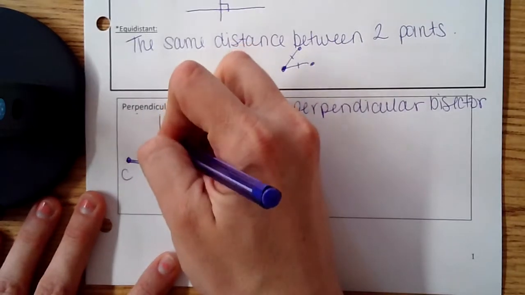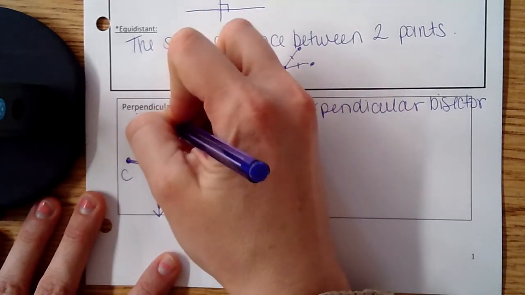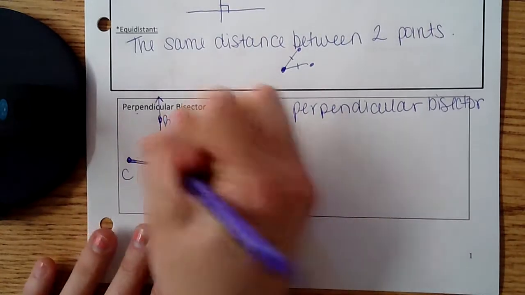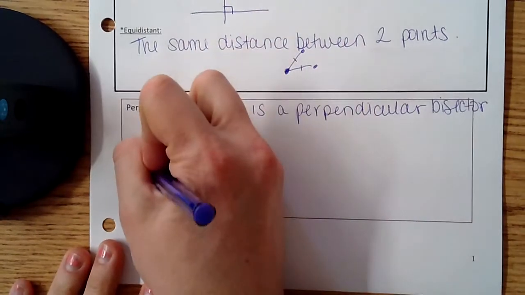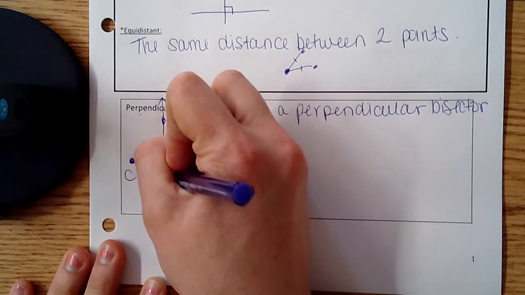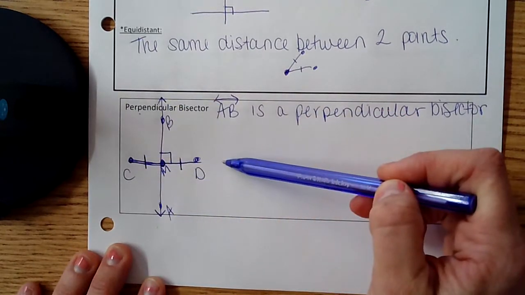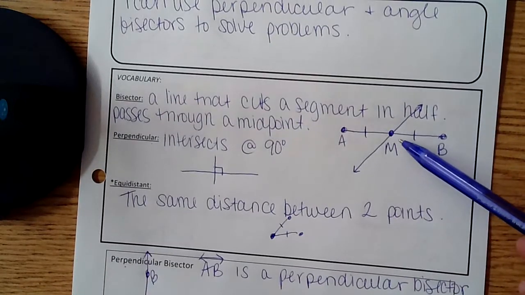If AB is a perpendicular bisector, we have the line AB. Since it's perpendicular, it's crossing through CD at 90 degrees, but it's also bisecting it, so it's crossing through at the midpoint. Perpendicular, straight up and down, it passes through CD at 90 degrees and cuts it in half, which is different from this bisector up here.